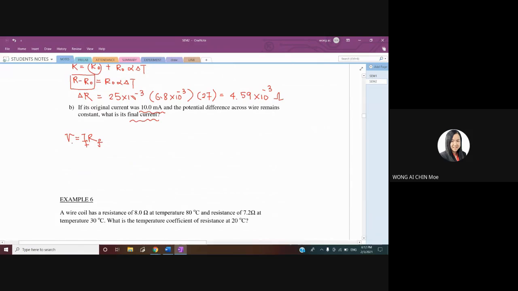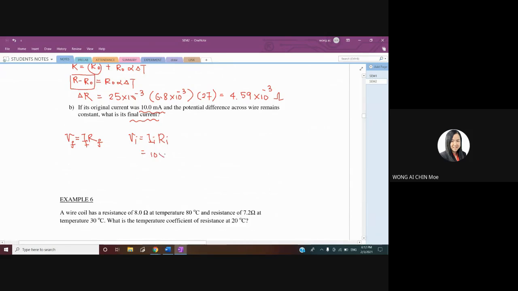So V initial equals I initial times R initial. The original current is I initial, and this is your R initial.